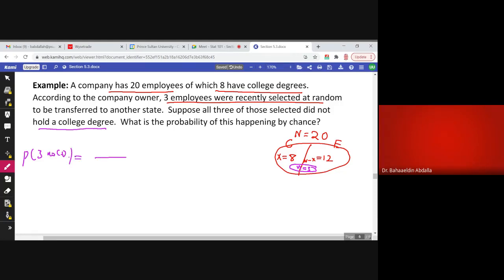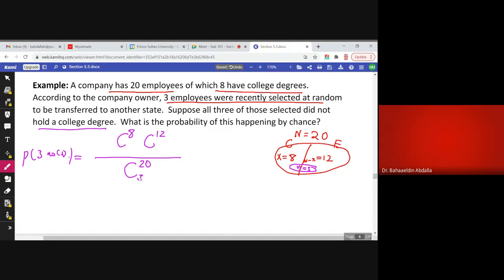Okay, so C, C, C. Here in the denominator, in total, how many employees? 20. And in total, how many are you selecting? The sample size, 3. So you put this here. Now these 20 are divided into 2 groups, 8 college degrees, 12 no college degrees.